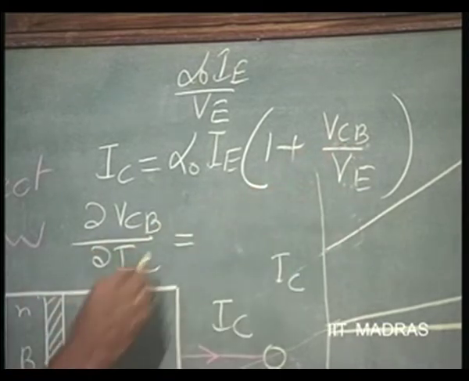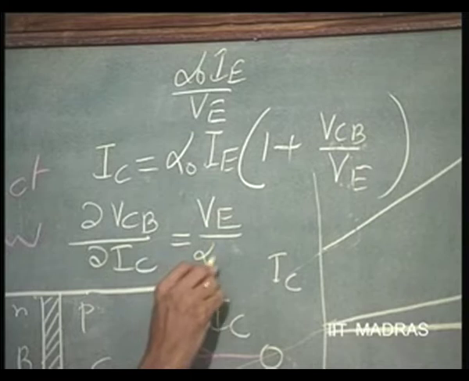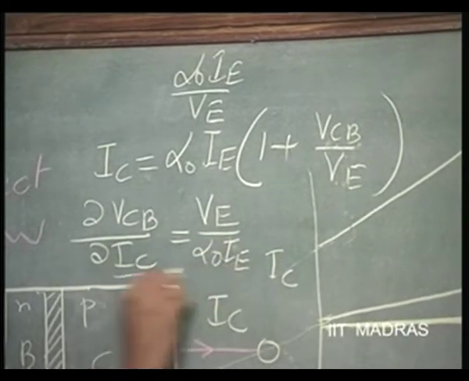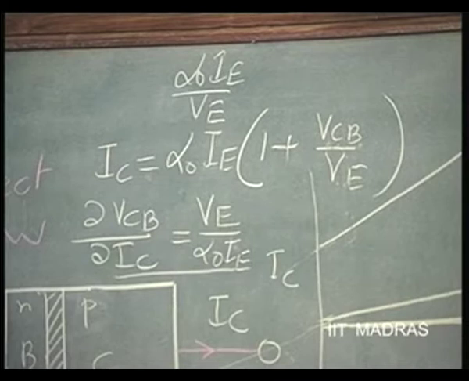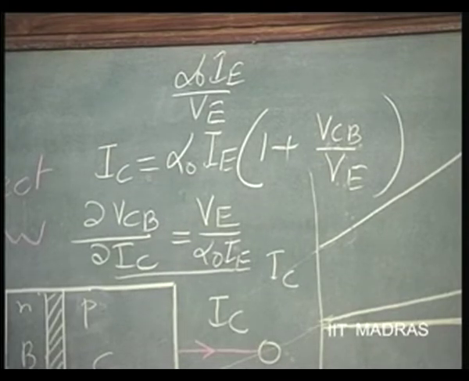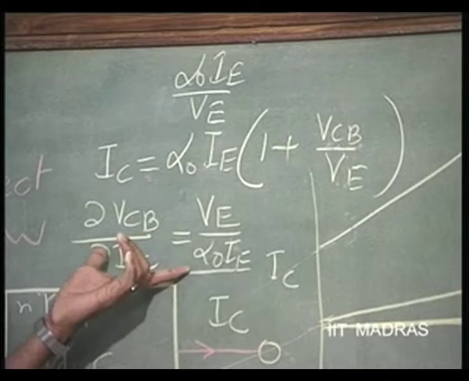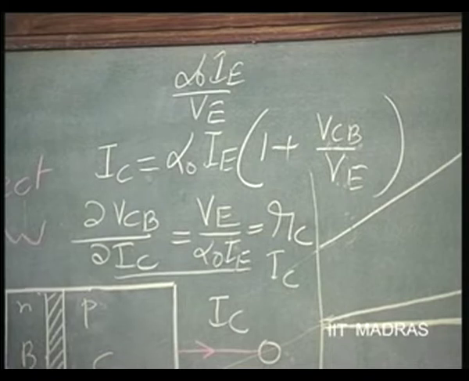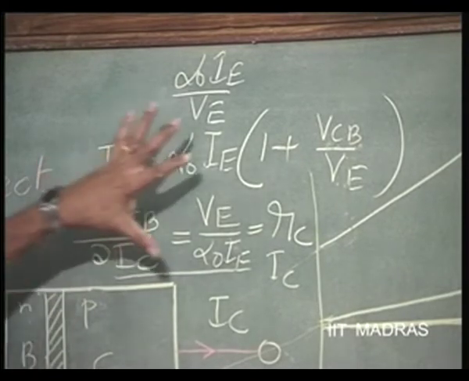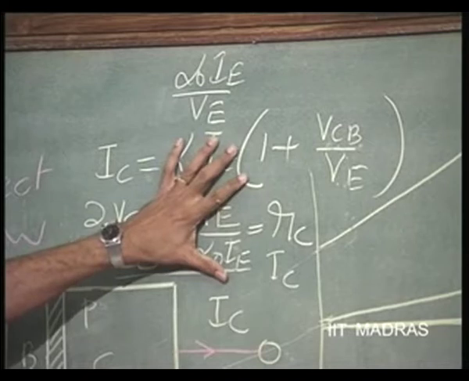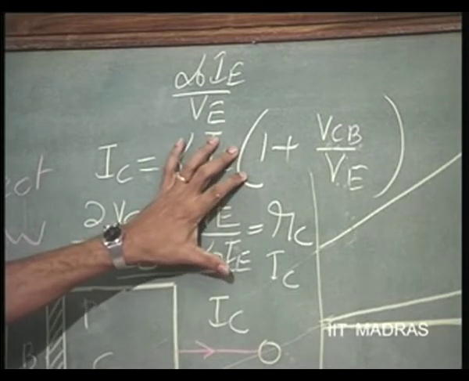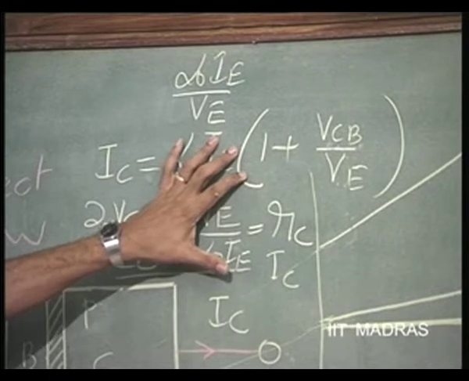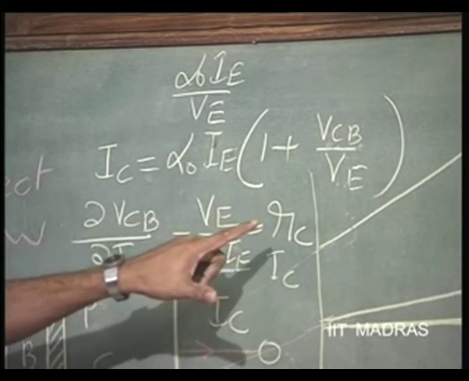So the output resistance is VE divided by alpha naught IE. Given the early voltage, the operating current and alpha naught, you can find out the value of what? What is this? RC. So, this is an important small signal parameter. If you are analyzing your circuit using SPICE programs etc., you have to give the early voltage.